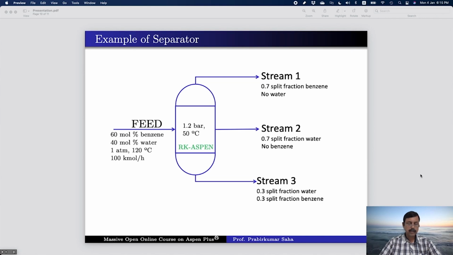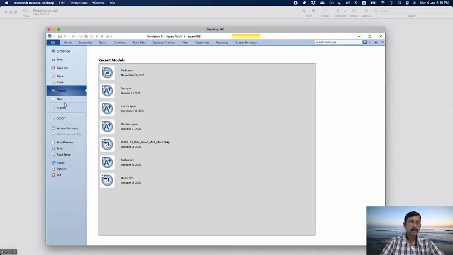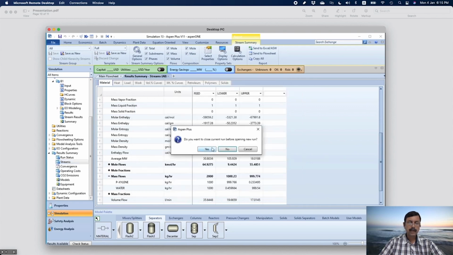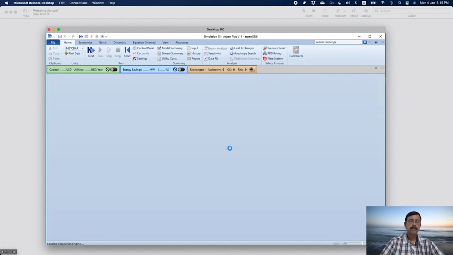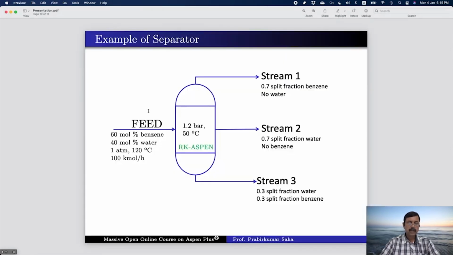Now let us go to the Aspen Plus simulation window. Let us open a new simulation. Blank. Close the current one. Don't save it. So we have benzene and water.